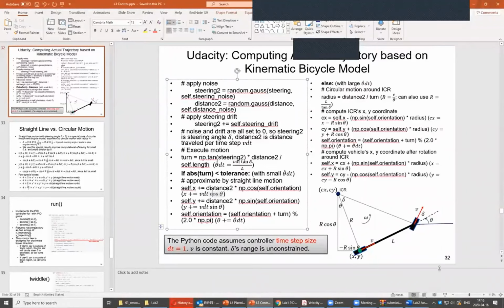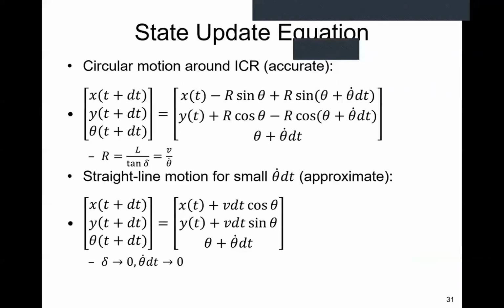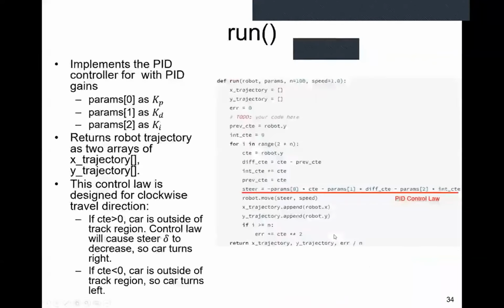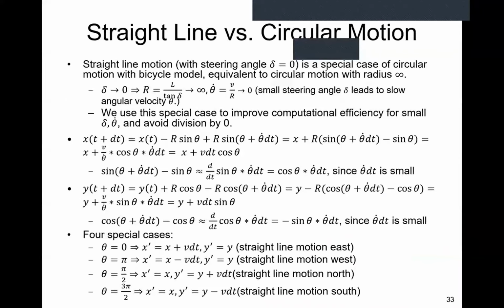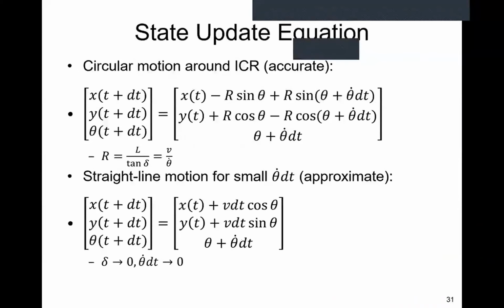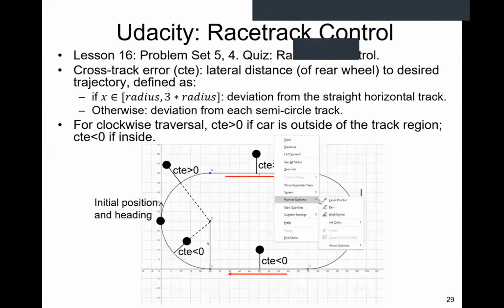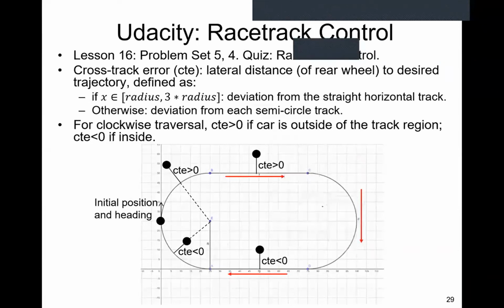Oh yeah, so the program is trying to minimize the average error. If you look in the program, so let me look for that track. Here's the track. So the final error is computed by adding up the per step error.